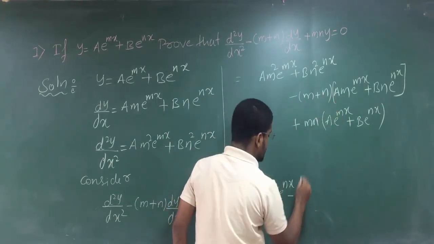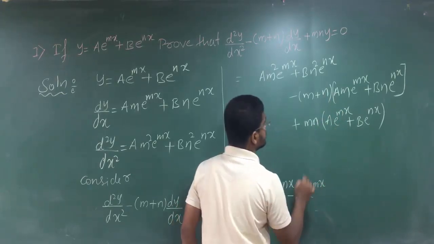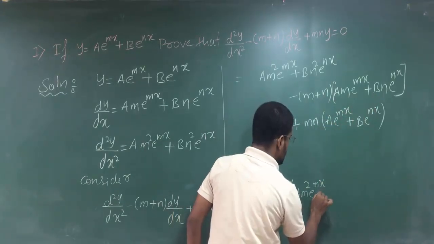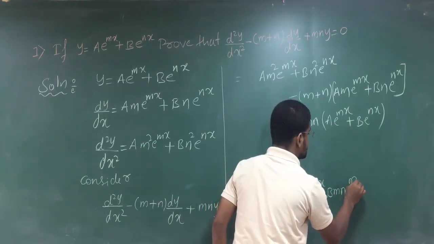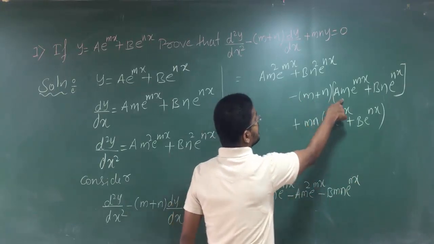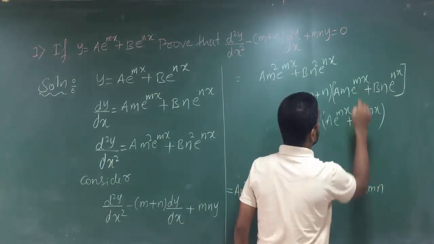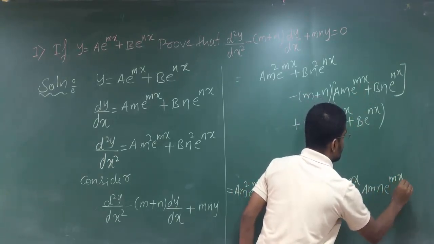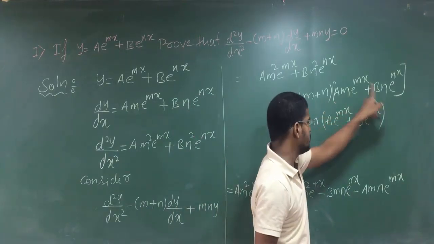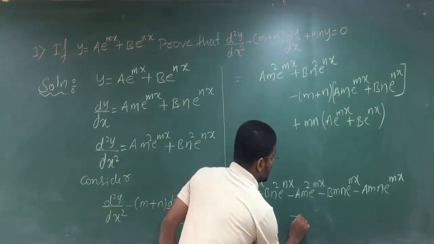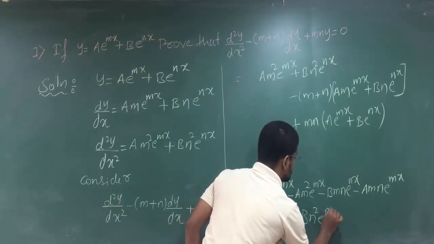Minus m into this term, minus a m square e to the power of mx, minus m into this term, minus b m n e to the power of nx, minus n into this term, minus a m n e to the power of mx, again minus n into b term, that is minus b n square e to the power of nx.